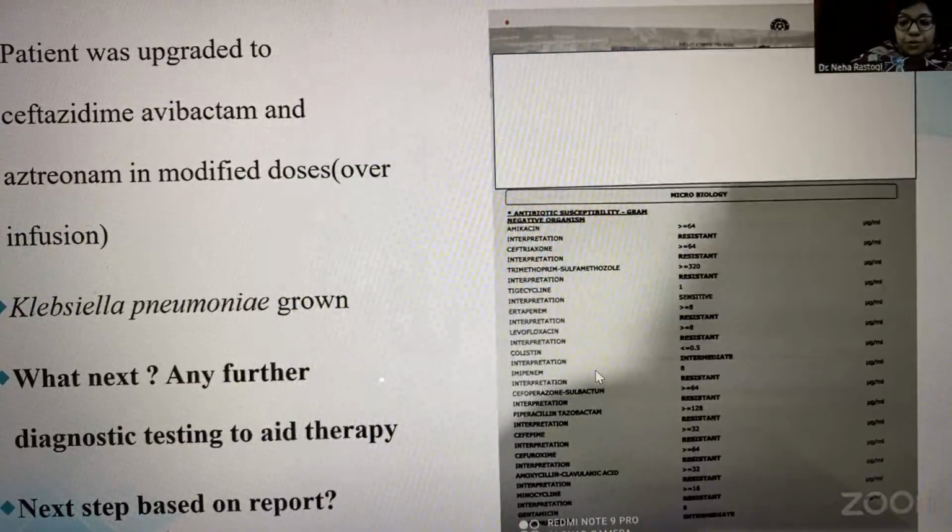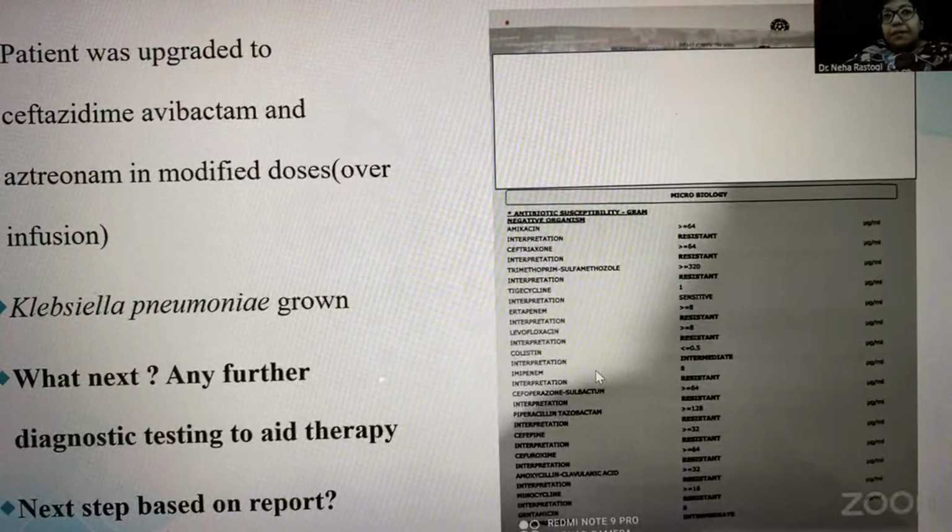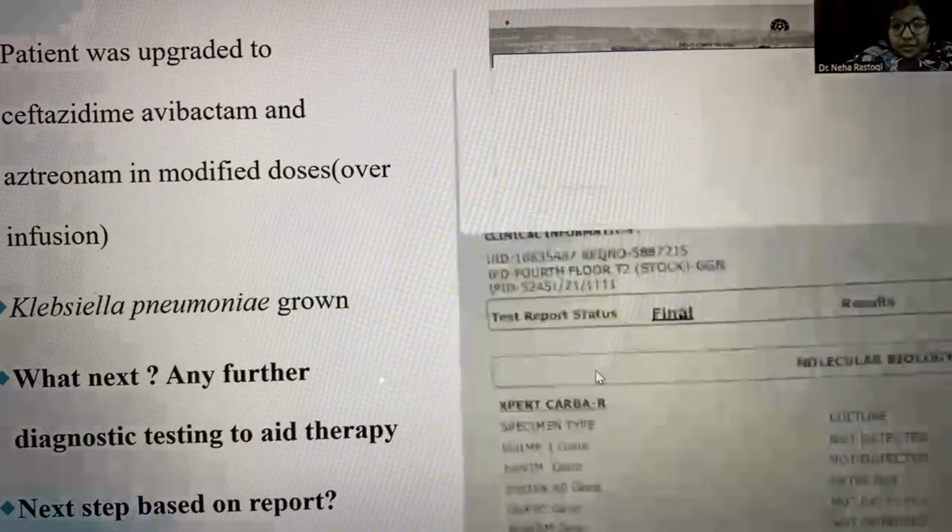Klebsiella pneumoniae was grown. It was resistant to carbapenem. You did the Carba testing, but you simultaneously performed the synergy testing. And when the synergy was sensitive, we had already upgraded it because of the empiricism. But you can continue doing that if your bug is showing synergy sensitive.